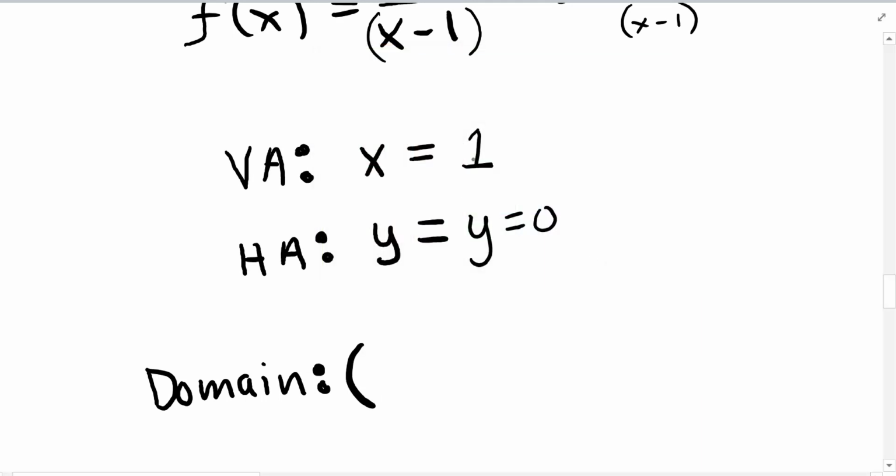So now the discontinuity is at 1, so we're going to go from negative infinity up to 1, we're not going to be touching 1, and then from 1 to positive infinity.